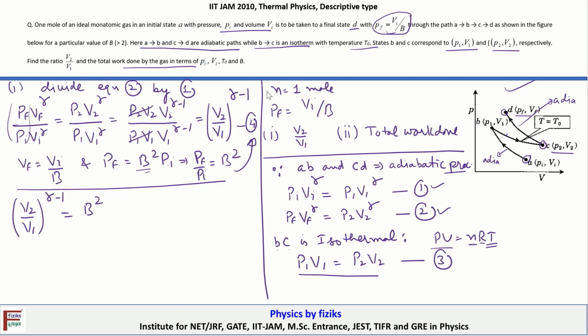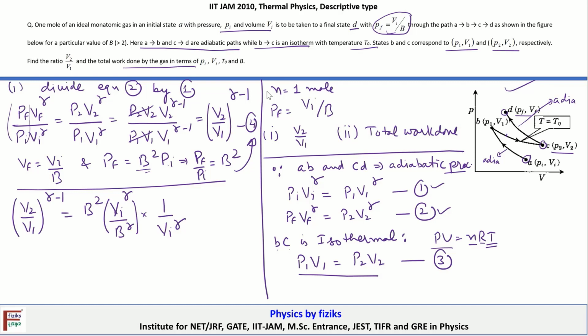So V2 by V1, where VF is equal to VI divided by V, is V power gamma, and then multiplied by 1 upon VI power gamma. So basically this is VF power gamma and this is 1 upon VI power gamma.